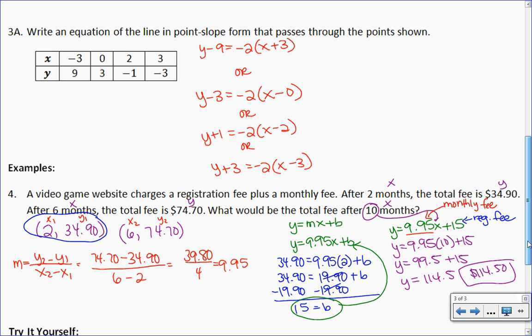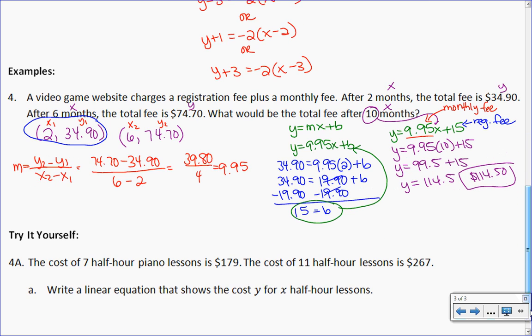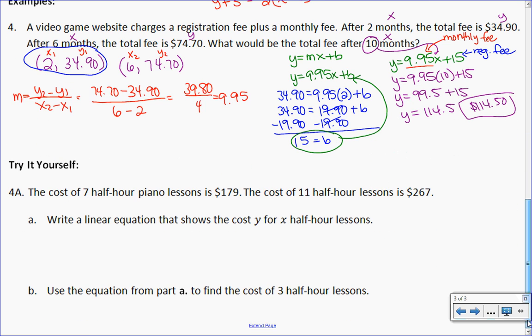Okay. For the last try it yourself problem, you have a very, very similar problem to example number 4. You have the cost of 7 half-hour piano lessons is $179. Cost of 11 half-hour lessons is $267. So you'll do the same thing we did. You'll first write a linear equation that shows the cost y for x half-hour lessons. That's basically this equation that we had here for this problem.